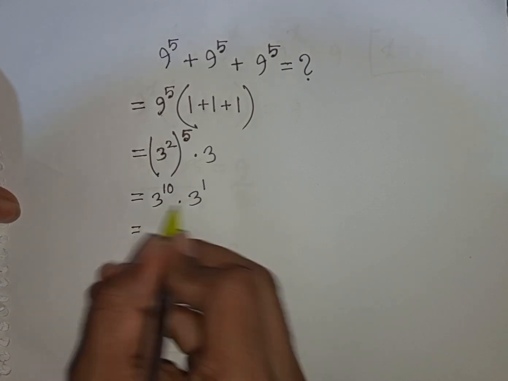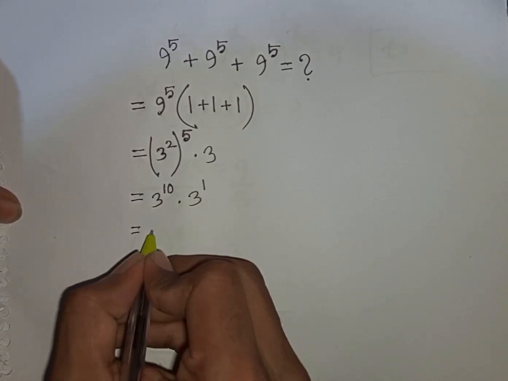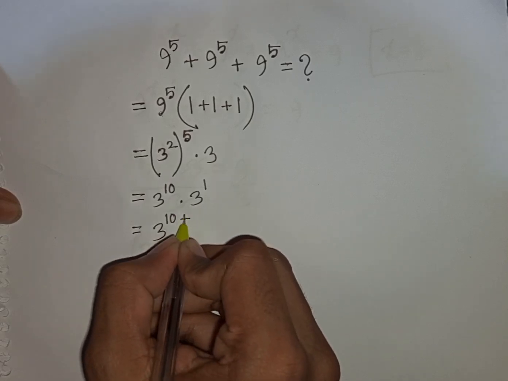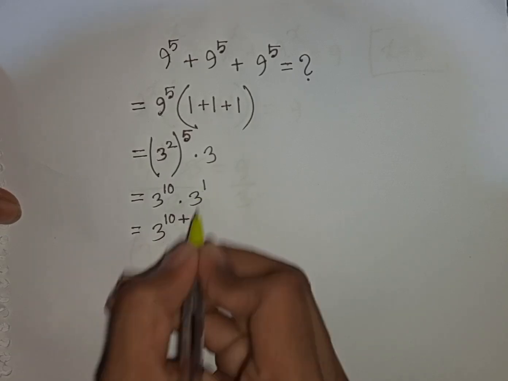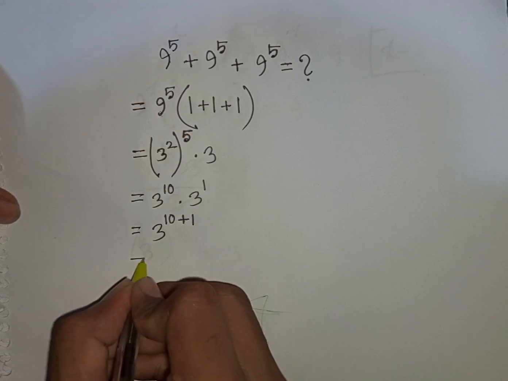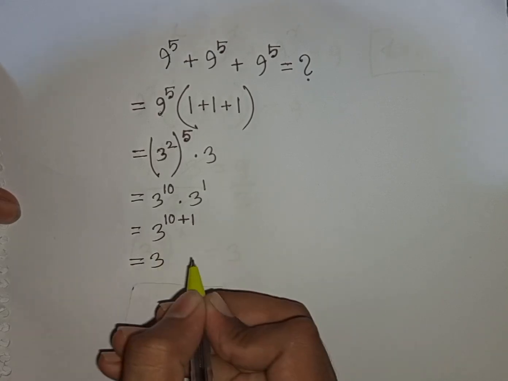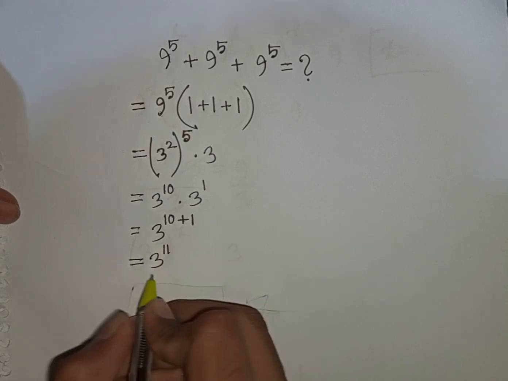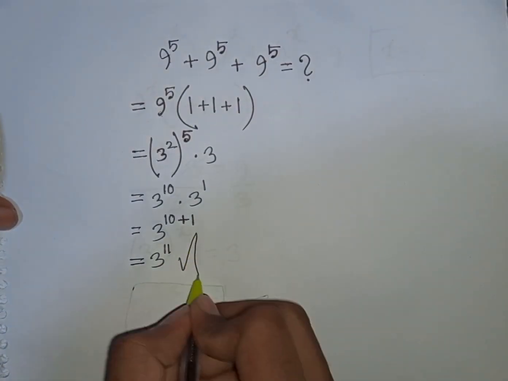Now we see 3 same base but different power, so it will be 3 power of 10 plus 1, that means it will be 11. So 3^11, this is our final answer.